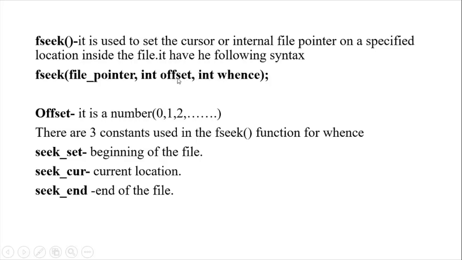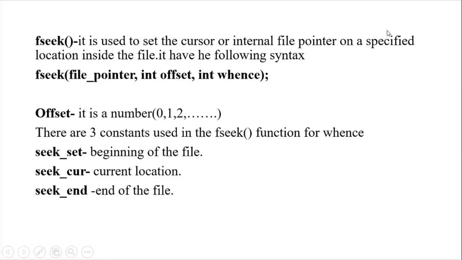Here offset is a number, a numeric value 0, 1, 2, 3, etc. Then whence has three possible constants: SEEK_SET means the beginning of the file, SEEK_CUR the current location, and SEEK_END the end of the file. fseek is used to move the cursor forward or backward. Offset is a number of bytes we must jump forward or backward.